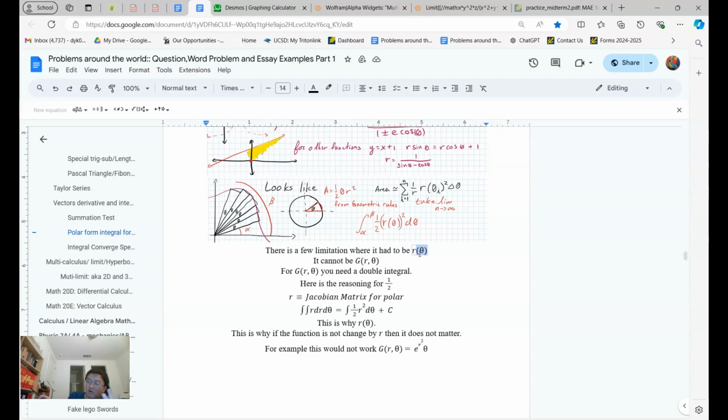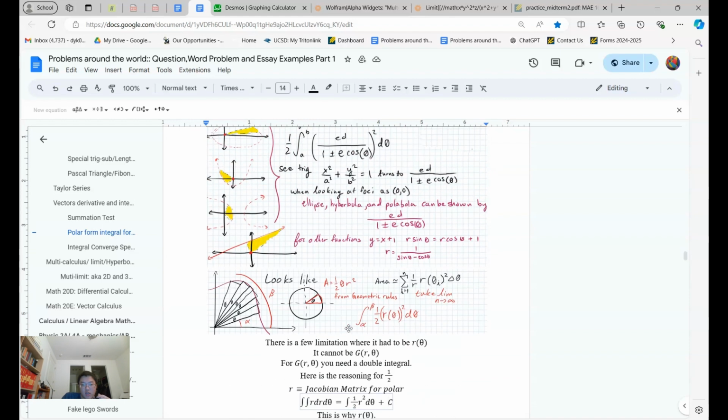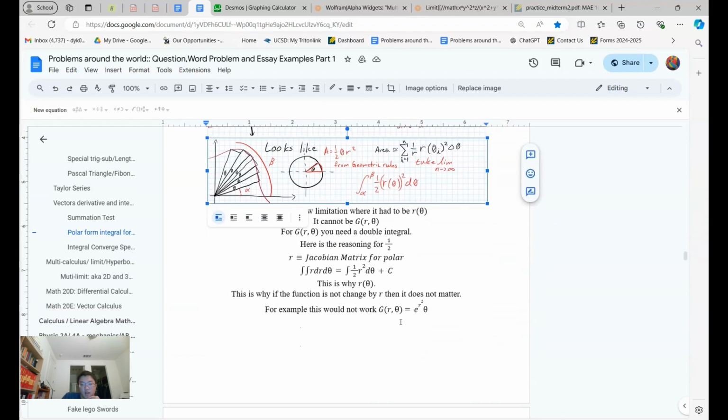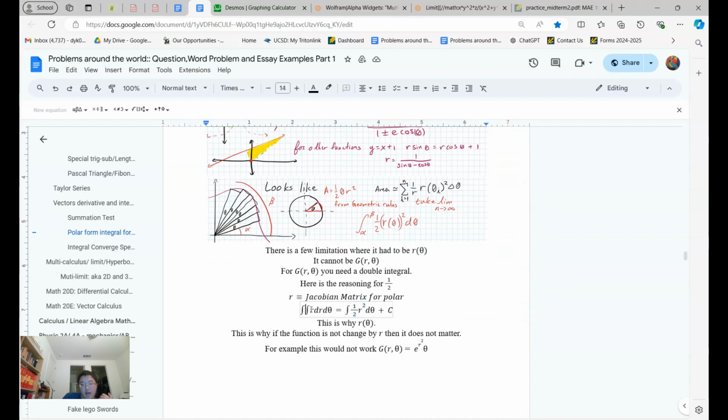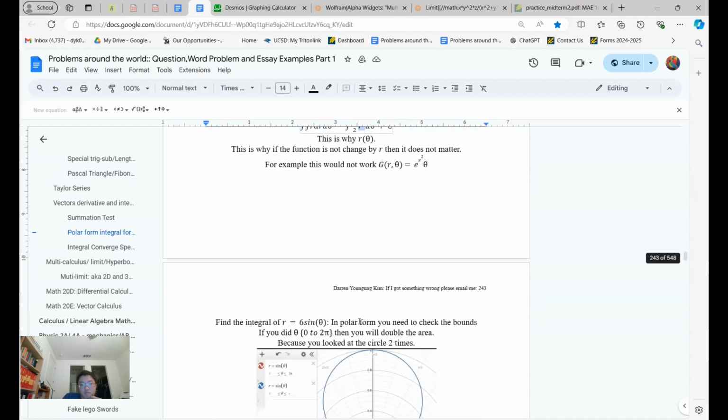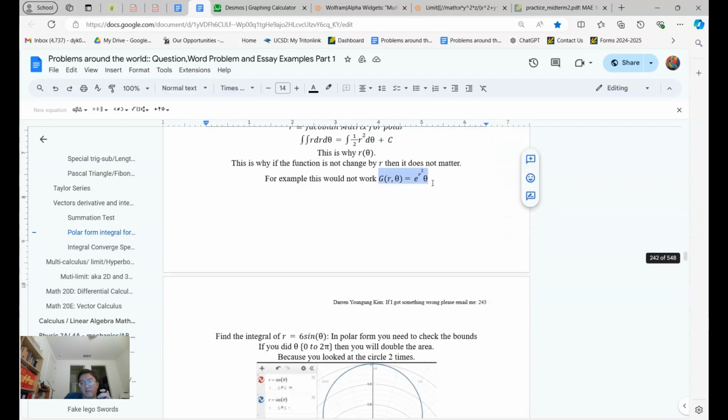You can see over here with the Jacobian matrix later on, I didn't really talk too much, but you get r dr d theta, and that equals this formula over here, which is, in my opinion, a better proof than the geometric proof over here. I like this proof better because it shows the actual version versus the simplified version where only theta changes. This equation over here will not be integrated by that.